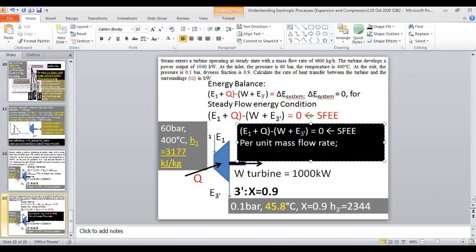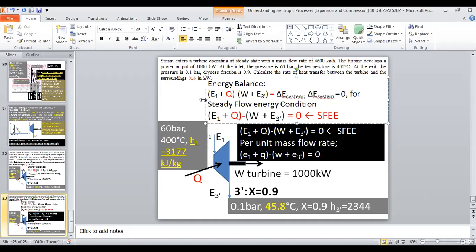This is E1. This is small q. This is small w. This is small E3 dash.